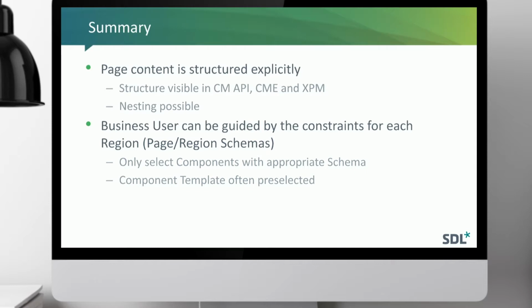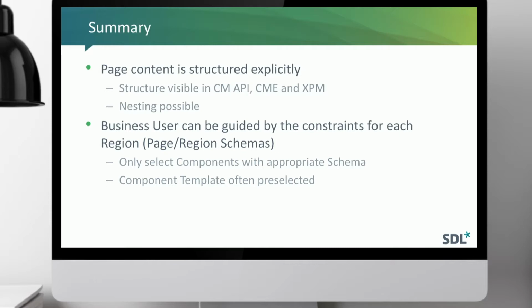A very important part of this feature is that the business user, the page editor, can be guided by constraints for each region, which is supposed to simplify his or her life significantly. Again, the organized utensils drawer analogy.